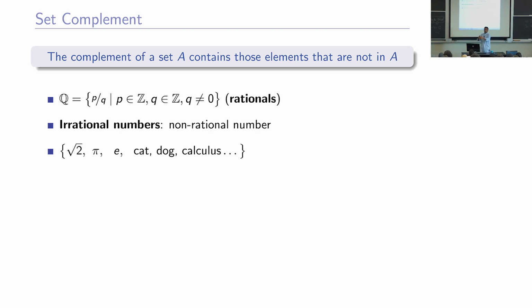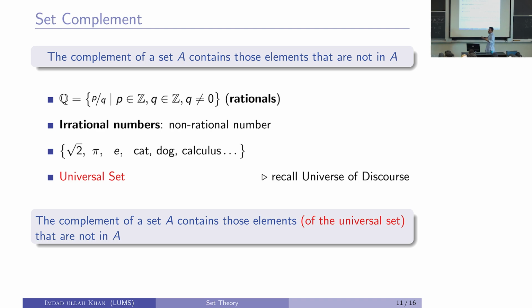We said any number that is not in Q, the set of elements not in Q, will go to the complement. Yeah, we need to say what's called the universal set, right? Just like the universe of discourse. Last time when we talked about predicates, we said we need a specific universe of discourse, otherwise it doesn't make sense. So the correct definition of the complement of a set A, denoted by a bar over A, is the set of those elements in the universe of discourse, in the universal set, which are not in A, okay?